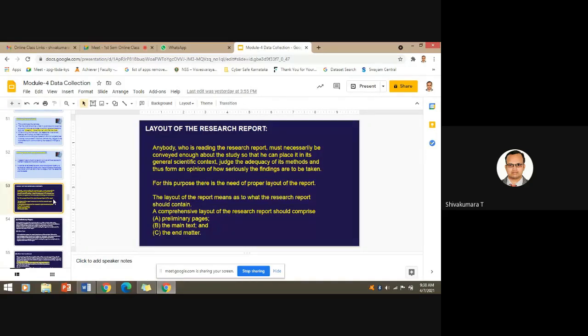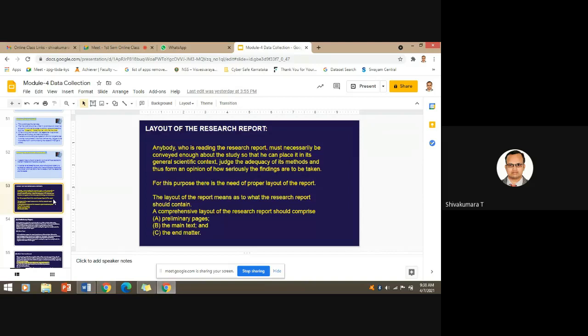So as a reader, I will come to know the seriousness of the researcher who has given the information in the report. For this purpose, as a researcher, you should be aware of how to create a research report that will be understandable by the reader.